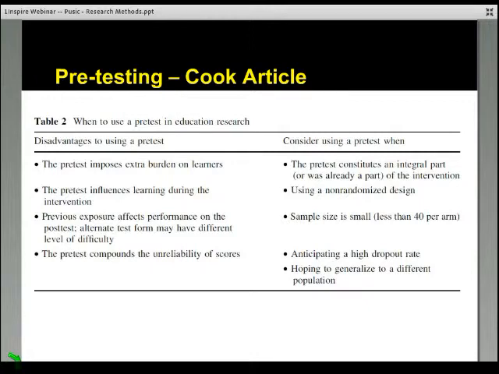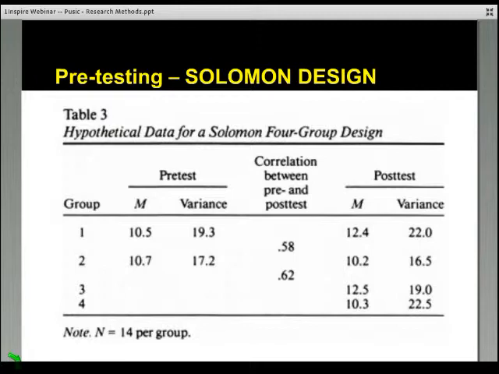So, bottom line is that there are pros and cons to using a pretest, and what is somewhat counterintuitive is that there are probably more cons to using a pretest than to not, if you can set it up properly. There's a solution to this called the Solomon four-group design, in which you randomize people not just to your intervention and control, but also to whether they get a pretest or not.